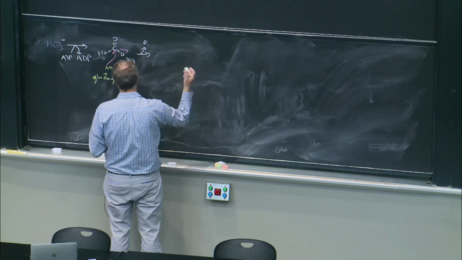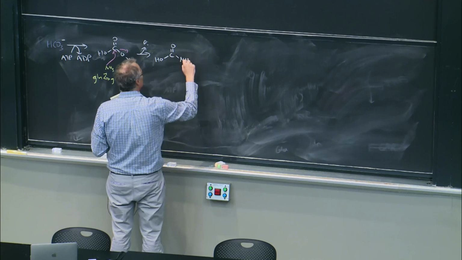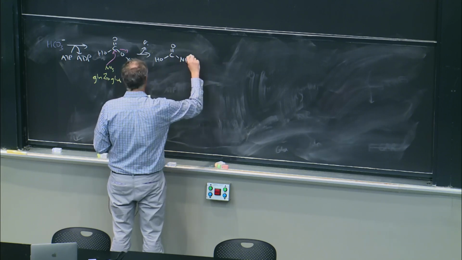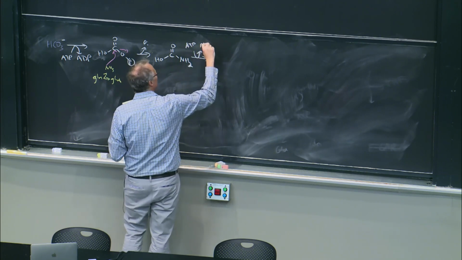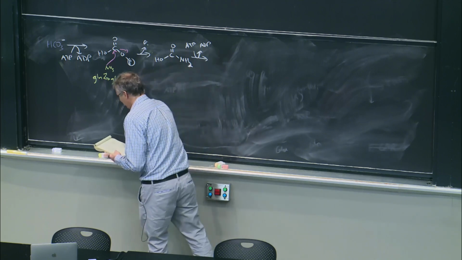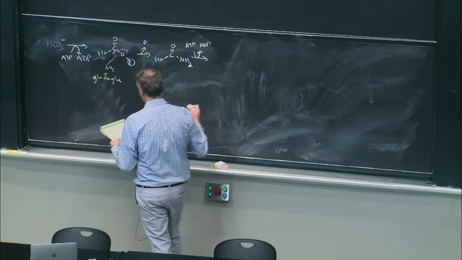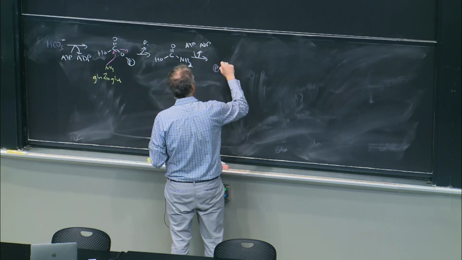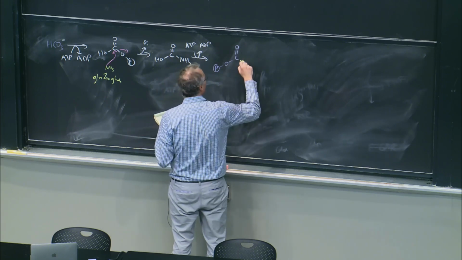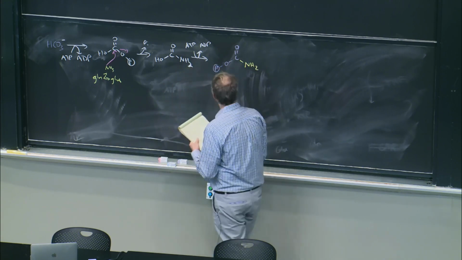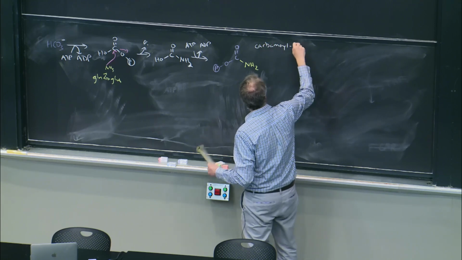So ATP to ADP plus phosphate then gives us this molecule, which we can phosphorylate again to give us this molecule, which is carbamoyl phosphate.